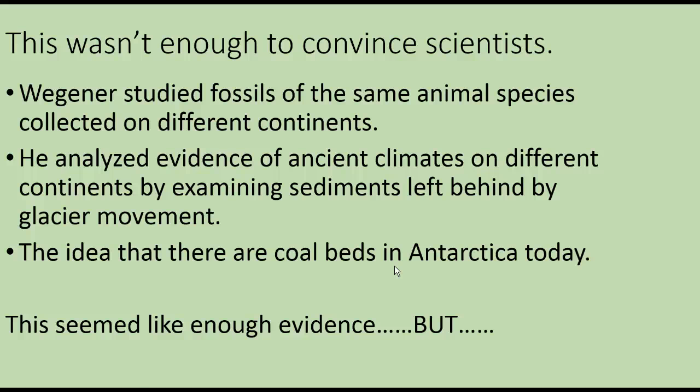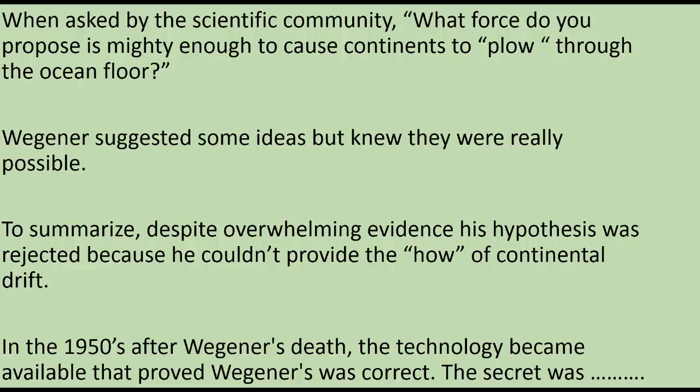But it still wasn't enough. The biggest problem with his hypothesis was his fellow scientists asked him to explain how these gigantic continents could actually move, or what force could make them move, and with enough movement to actually plow, like a garden plow breaking up the ground, plow through the ocean floor.